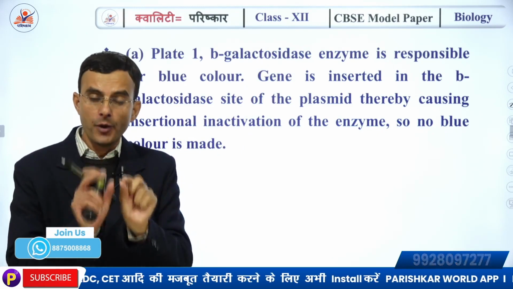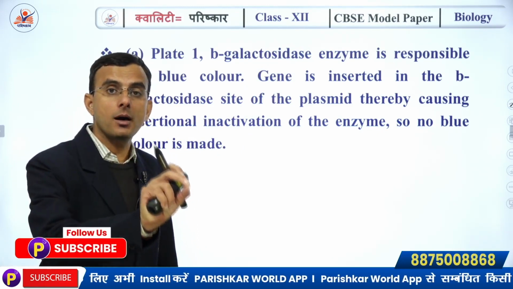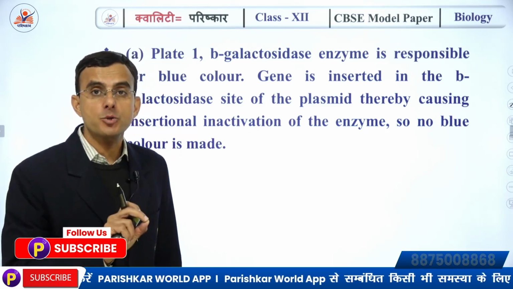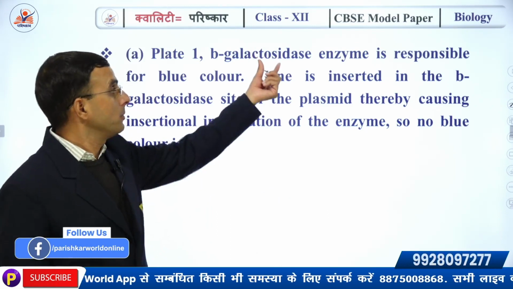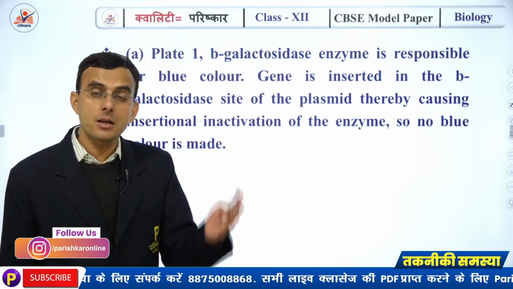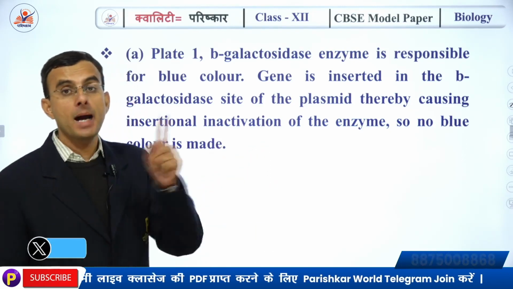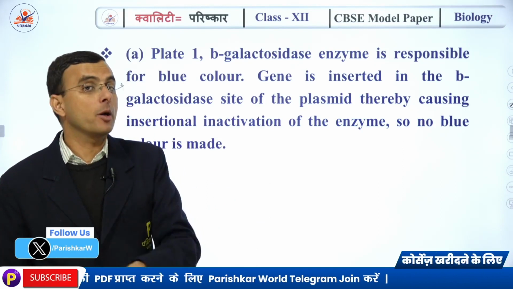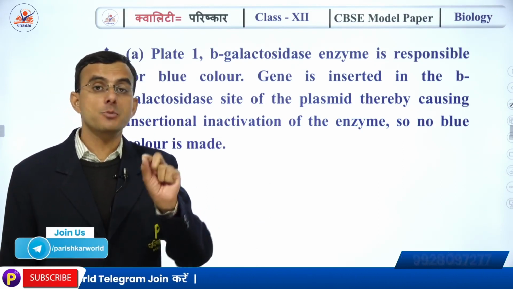Now, if we insert a foreign gene into this beta galactosidase gene, then what is the effect? The effect is that the beta galactosidase enzyme is not able to form, and when the enzyme is not synthesized, the blue color is not able to develop, because that product is not converted into a product which is blue in color.